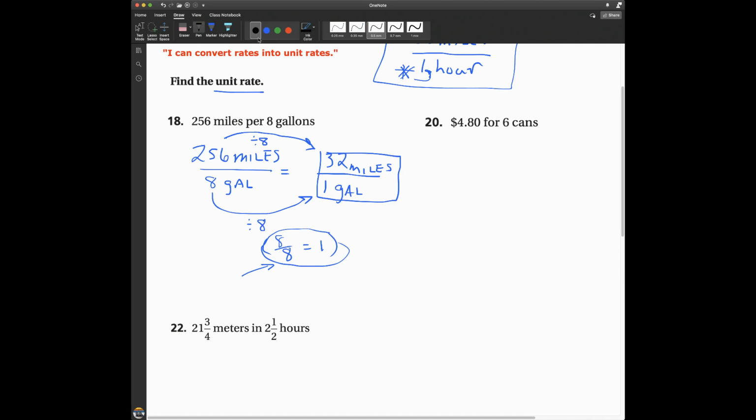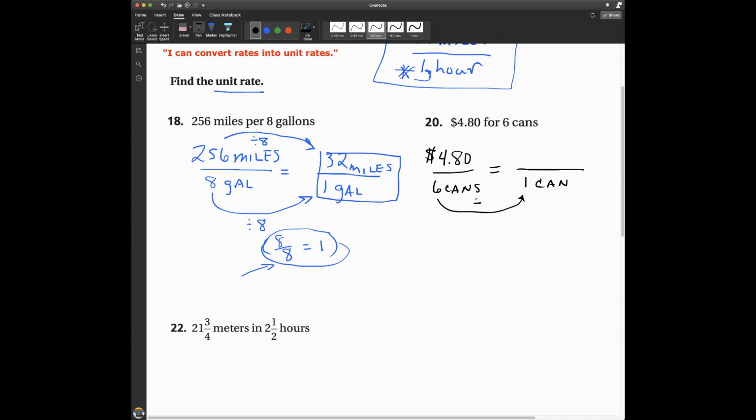Okay, let's look at number 20. I have $4.80 for 6 cans of your favorite soda, or your favorite drink. I want to know how much is it for 1 can. Okay, so how do I go from 6 to 1?